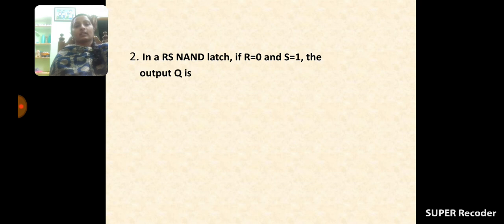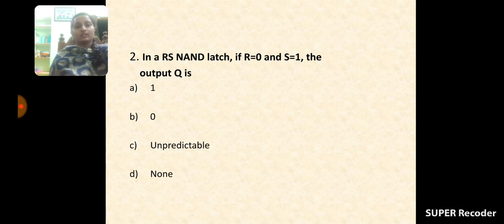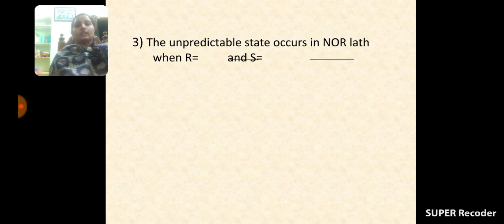Okay, correct. Next, in an RS NAND latch, if R is equal to 0 and S is equal to 1, the output Q. Already I told you, if S is 1 then Q is 1, and if S is 0, Q is 0. It is very easy. If S is 1, Q is 1. Next, the unpredictable state occurs in a NOR latch when R is equal to and S is equal to.